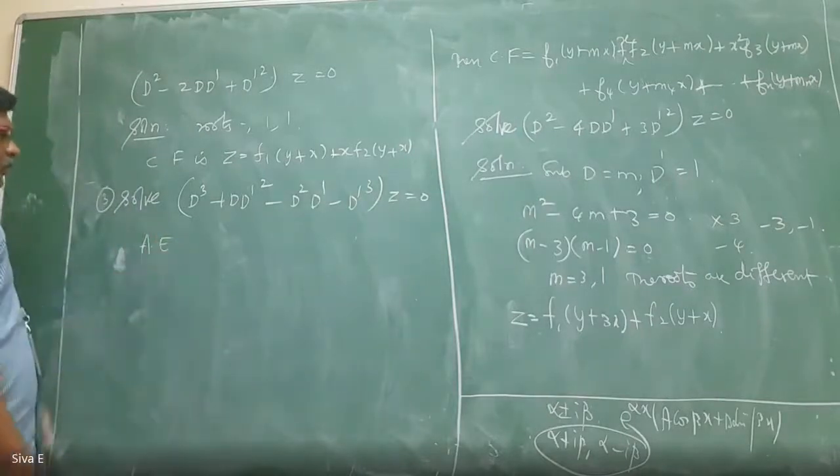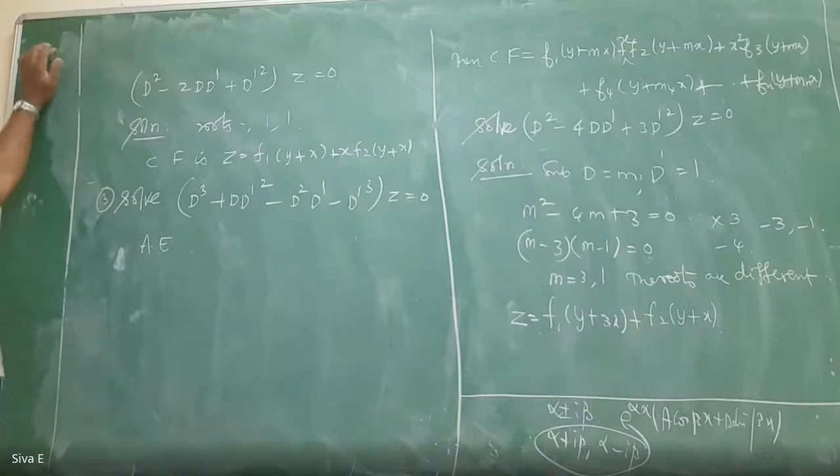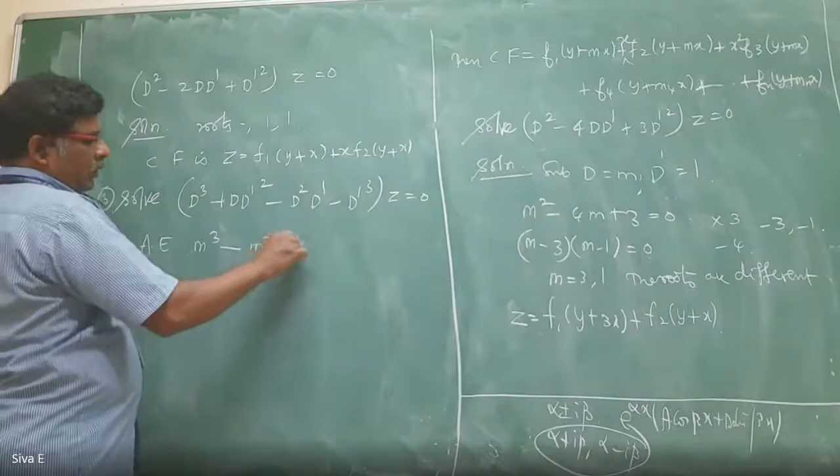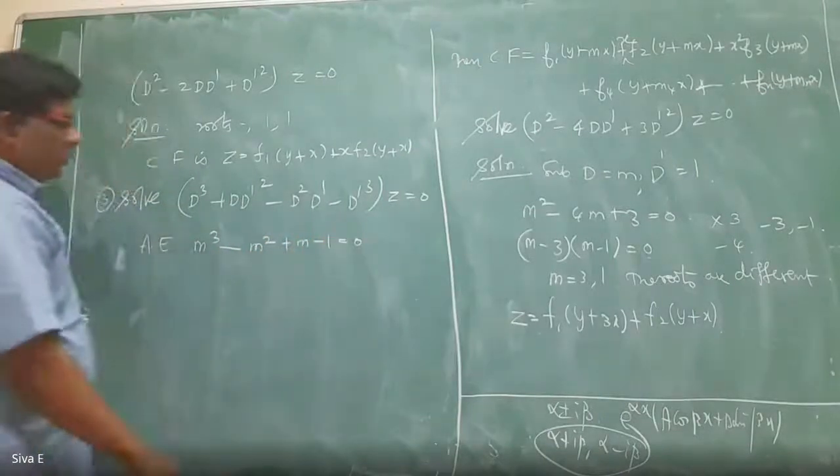The auxiliary equation is m cube minus m square minus 1 equal to 0.